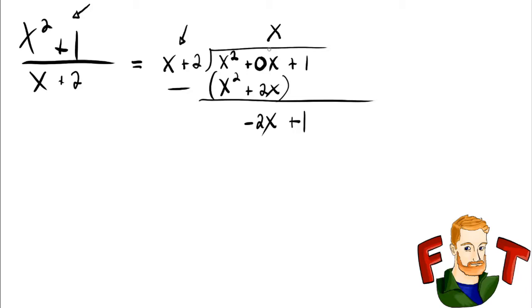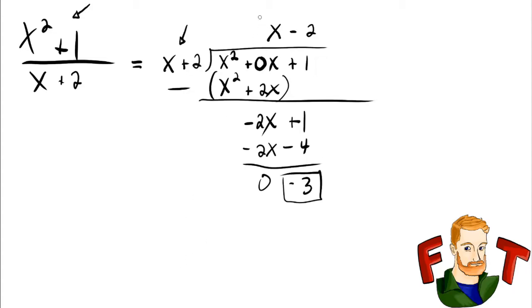And x plus 2 goes into negative 2x plus 1 negative 2 times. Negative 2 times x plus 2 is negative 2x minus 4, like that. And so that's 0. This is 1 minus negative 4, which is 5, no wait, 1 minus 4 is negative 3, and that's the remainder.